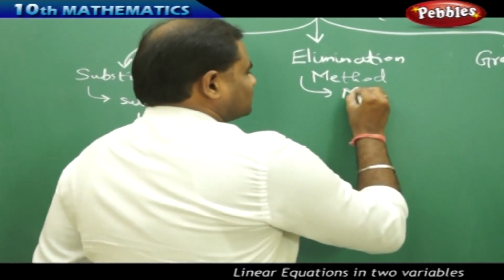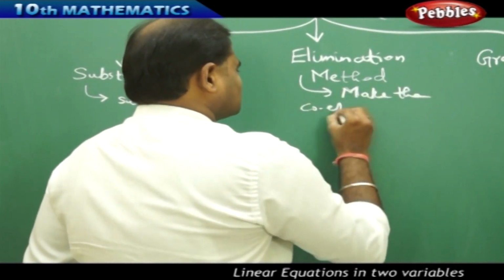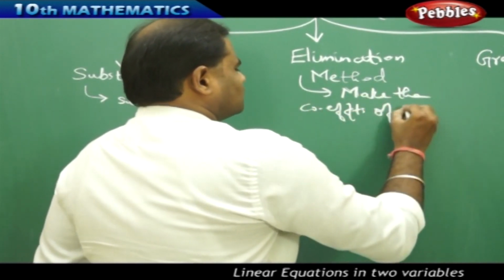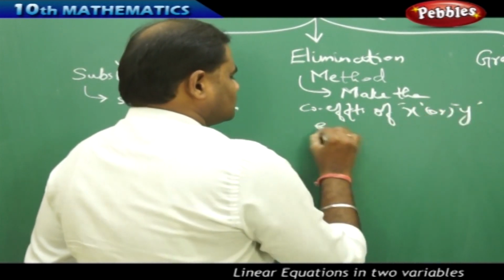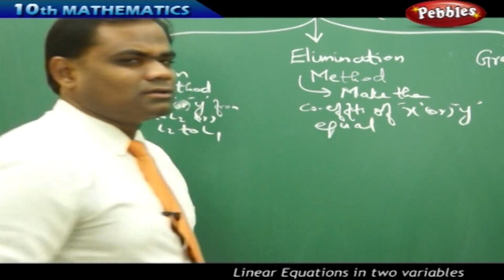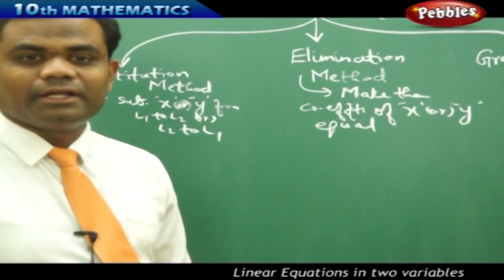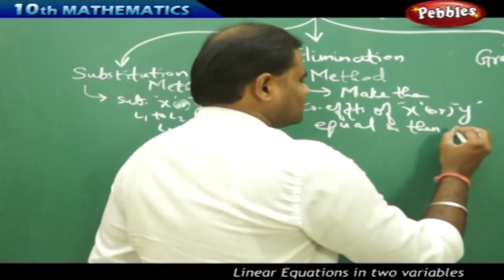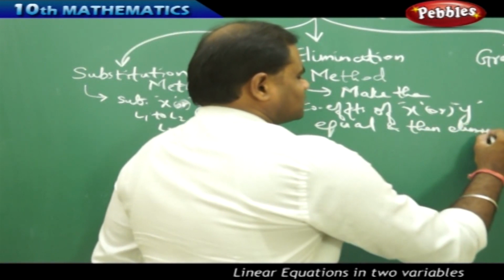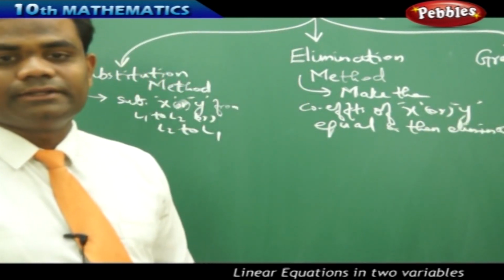So make the coefficients of x or y equal. Once we make the coefficients of x or y equal, then eliminate the equal coefficients by either adding or subtracting, and then we get the other equation.